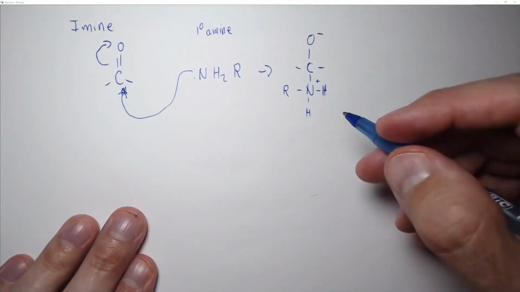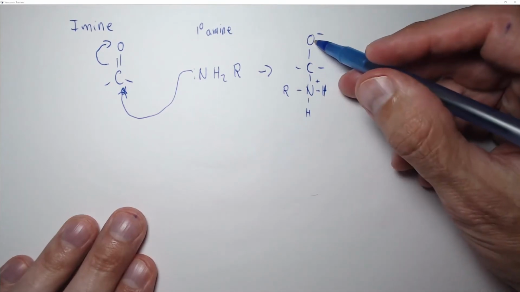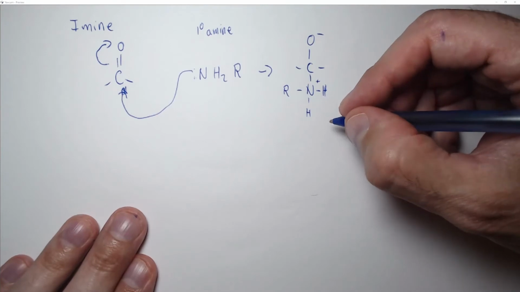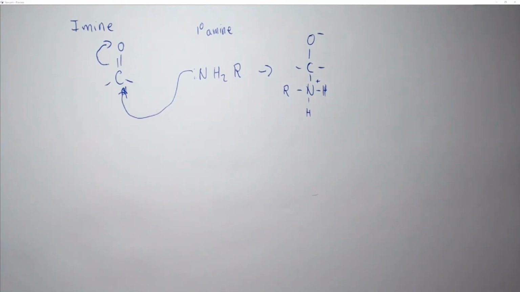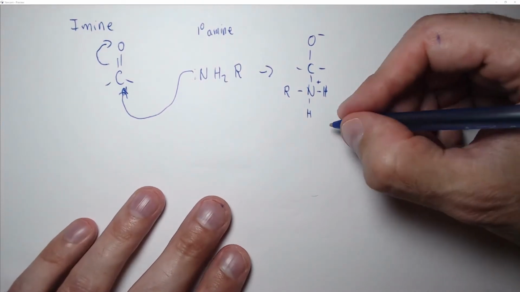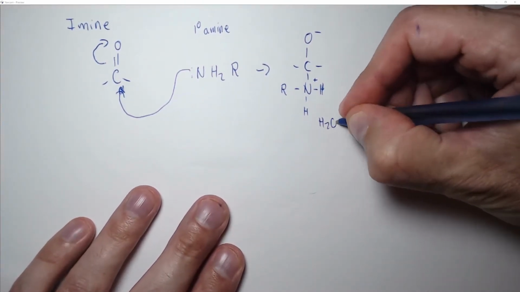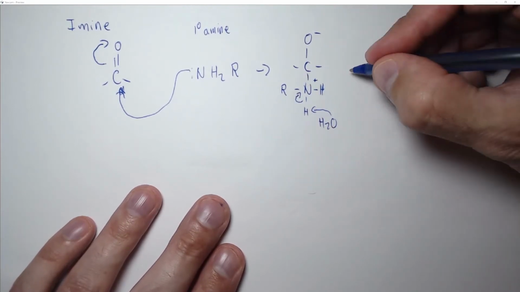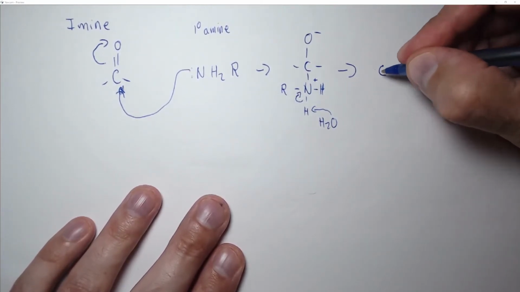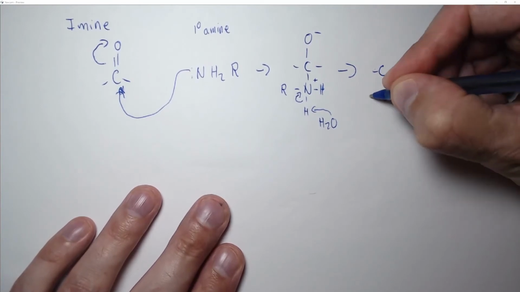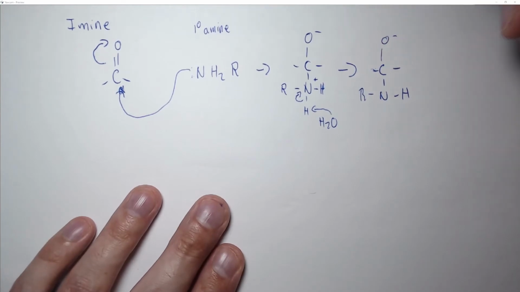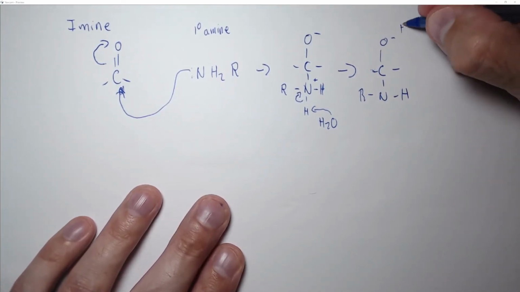Now we need to deprotonate this and protonate this, and the order is not super important. So I'm going to use water as my protonator and deprotonator, but of course it would depend on the exact case. So here we have this coming in here and kicking in there, and what we end up with is C bond N bond R bond H, still bonded to two things, bond O minus, and now either water or H3O plus.